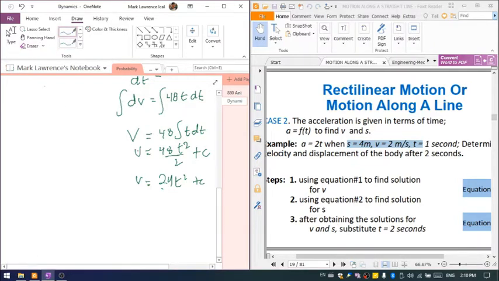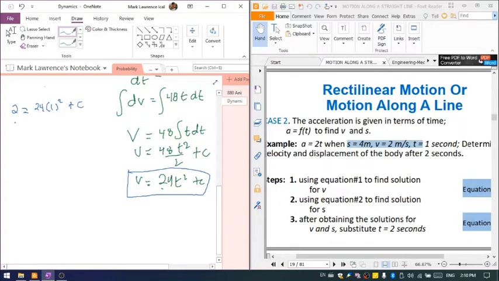So we stop at this equation because we're going to find the value of c. Velocity is given as 2, and our time is given as 1.